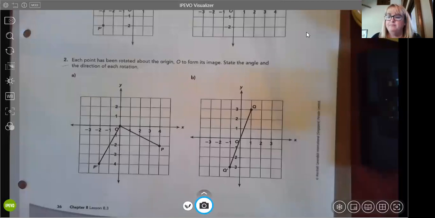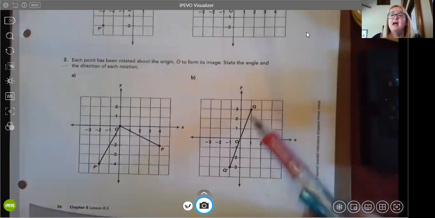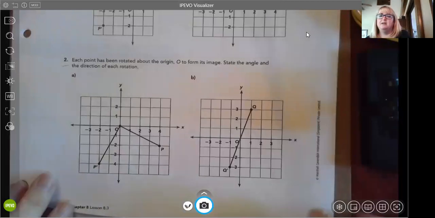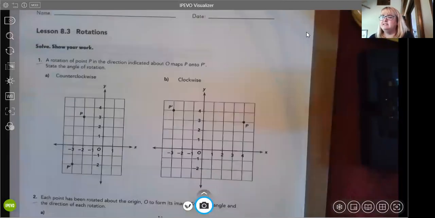I just need one of them. So tell me how many degrees and what direction you're moving to go from P to P prime. And same thing to go from Q to Q prime. How many degrees and in what direction? Clockwise, counterclockwise, 90 degrees, 180 degrees, 270 degrees. All right, so that's 1 and 2.